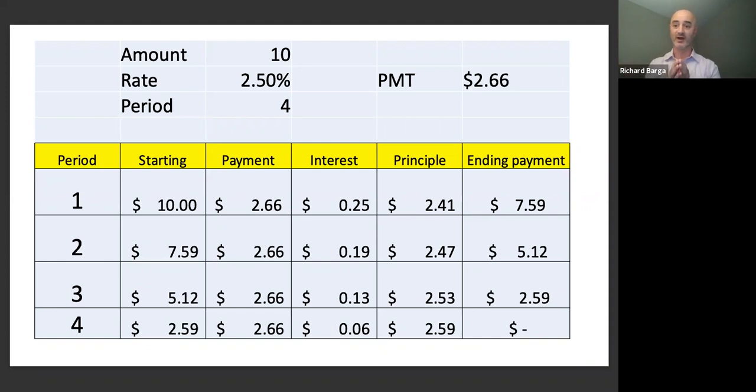If it was a monthly payment, you would have 360 payments over time. Certain types of loans have what are called adjustable rate mortgages, where the interest rate changes over time.